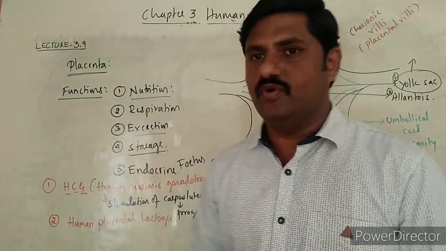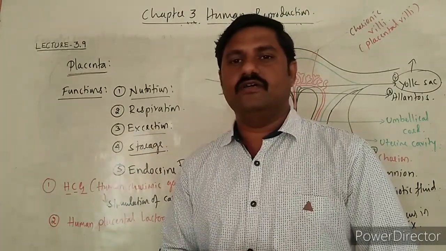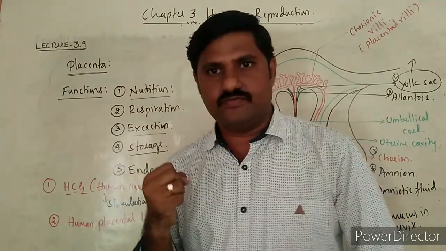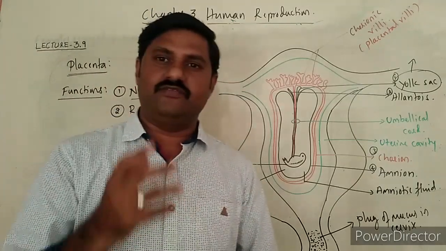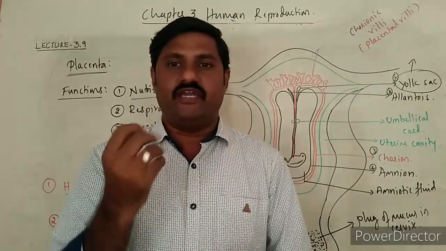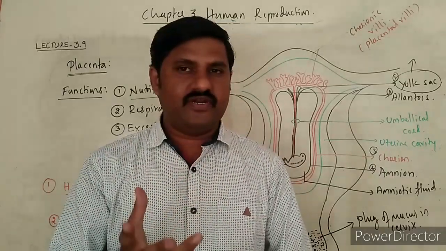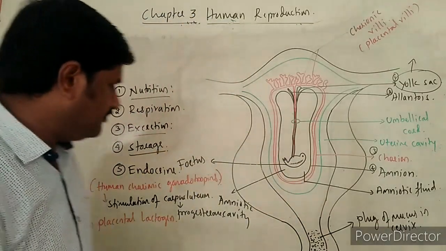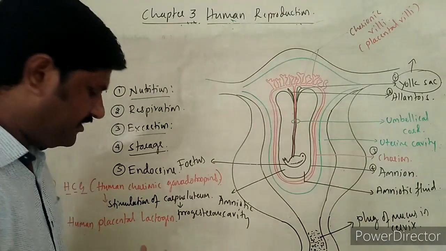This hormone helps in the formation, especially the development of the mammary glands. So during the course of the pregnancy, the development of mammary glands takes place due to the action of this human placental lactogen, right?